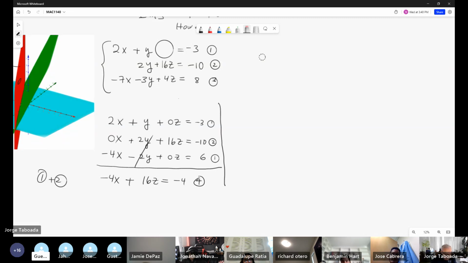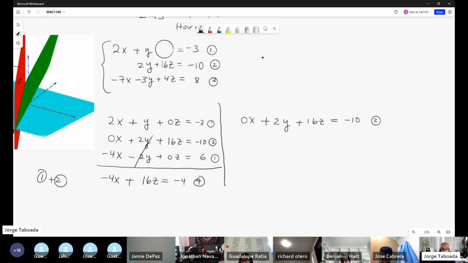I'm following. Okay, good. I take now equation 2: 0x plus 2y plus 16z equals minus 10.